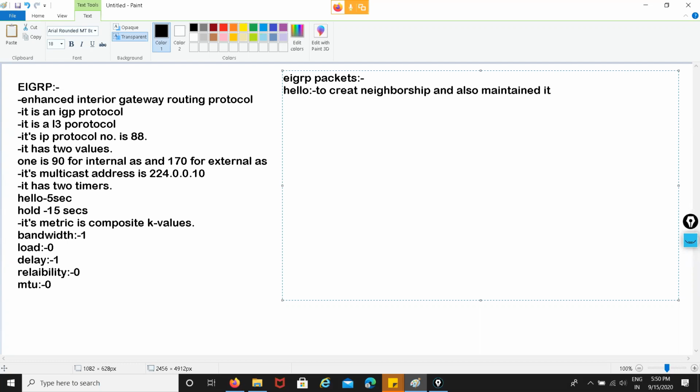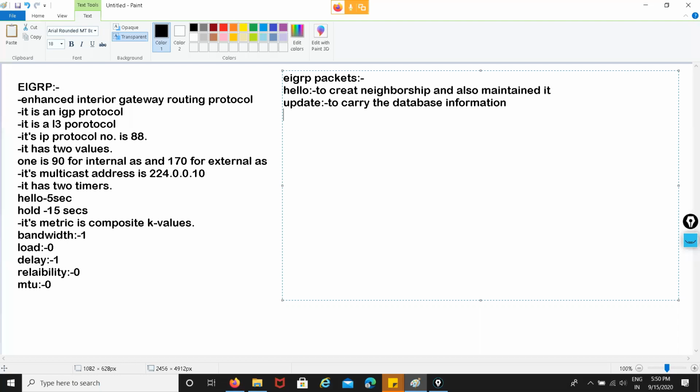The second thing is the update packet. The purpose of update packets is to carry the database information and negotiate it across the whole network.